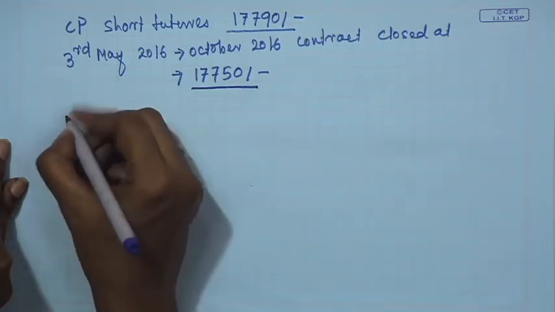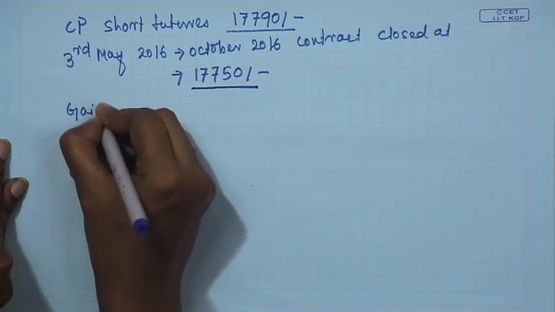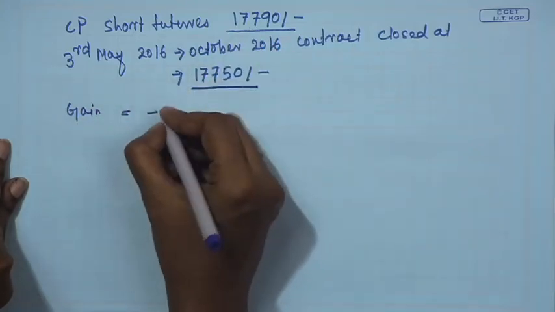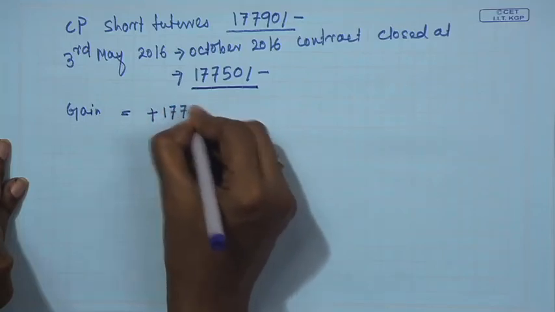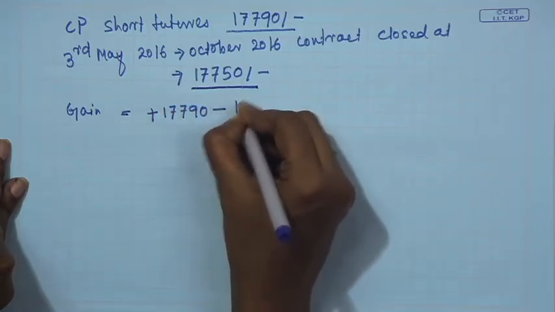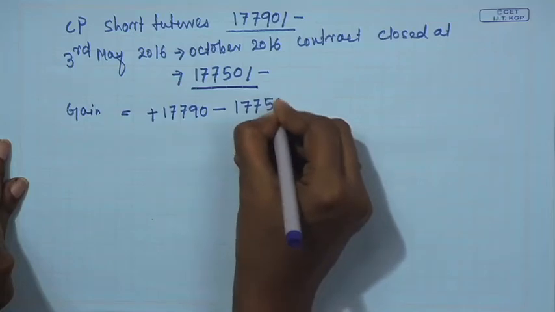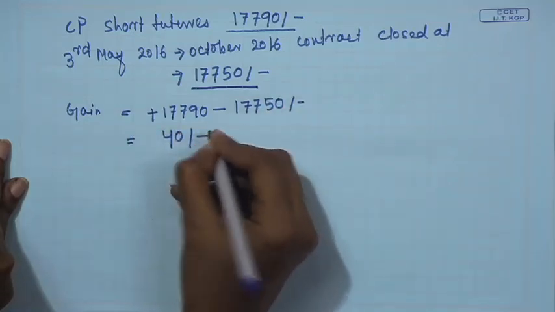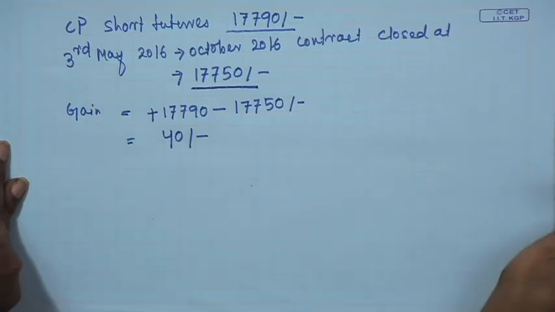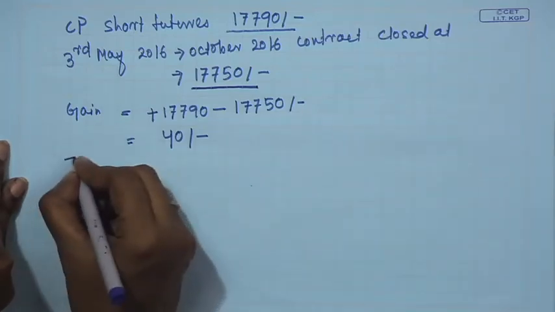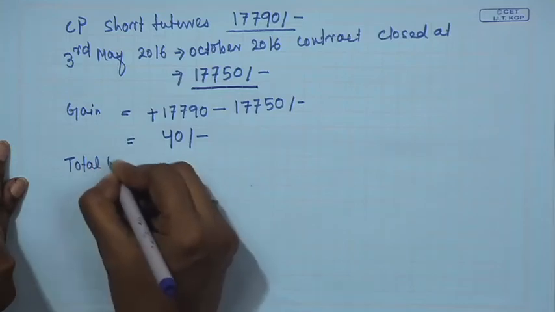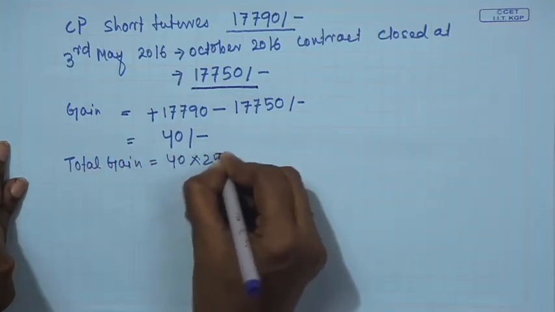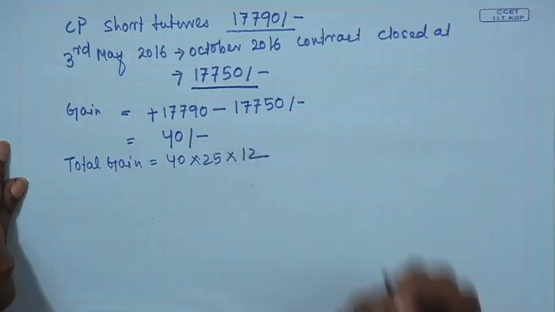So, what will be his gain or loss? He sold something at 17,790 and he can buy at 17,750. So, that means he has a 40 rupees gain per bale. So, total gain will be 40 into 25 into 12.